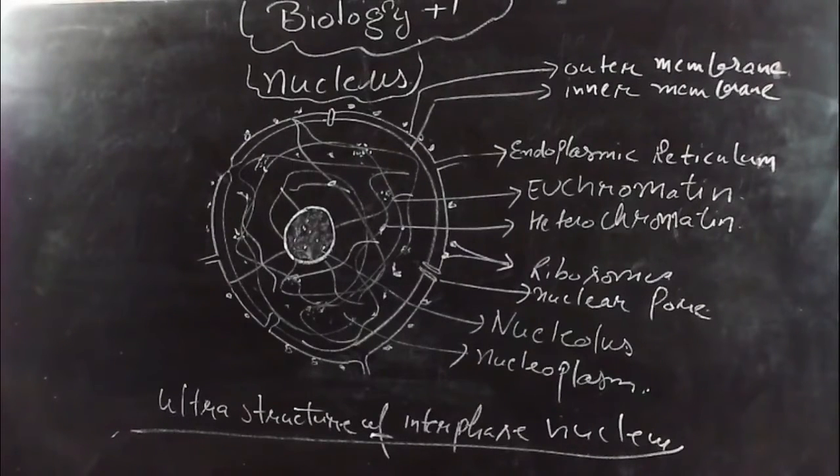They appear oval or elliptical in plant cells, having large central vacuoles.